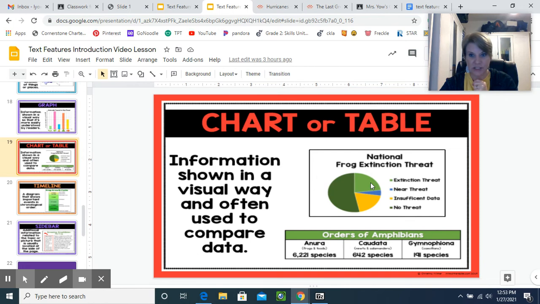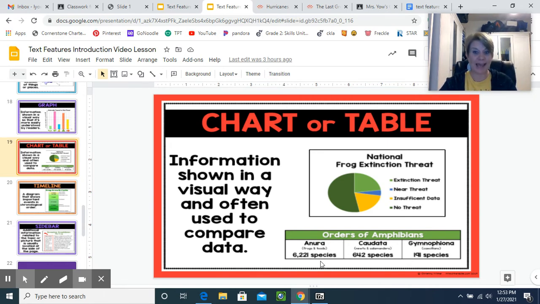So this is an extinction threat, this is a near threat, this is insufficient data, and this is no threat. And this probably doesn't mean much to you at this point what those different topics mean. But just know that this data is being compared to this data. I can look at this and see that this is bigger, it's a bigger section than this small blue section. And so I can compare those two.